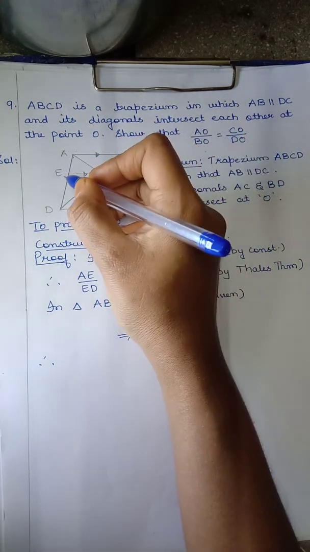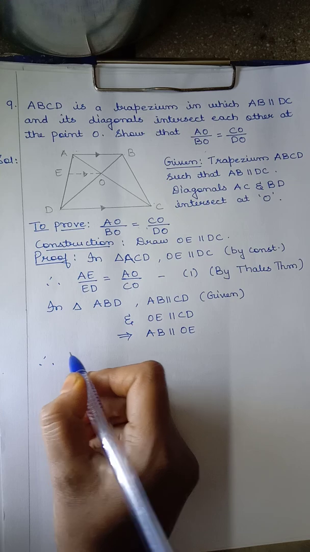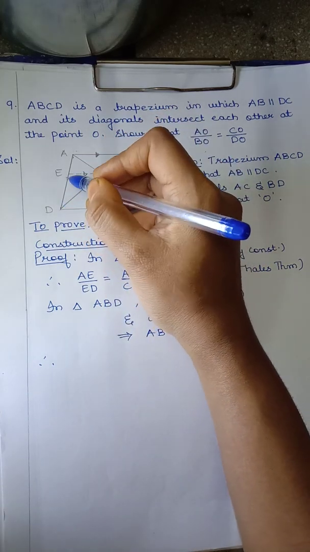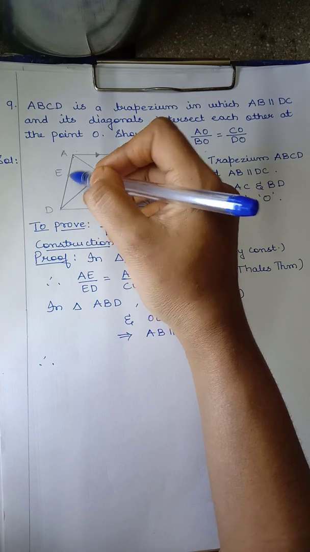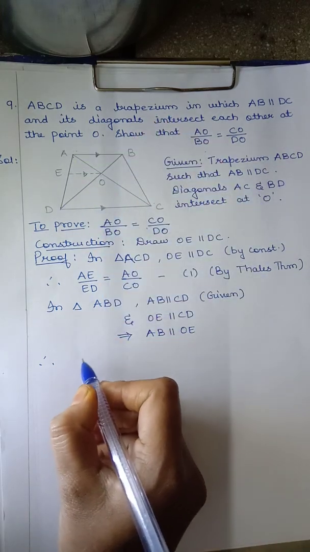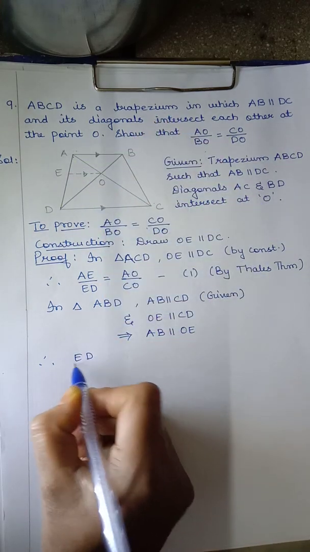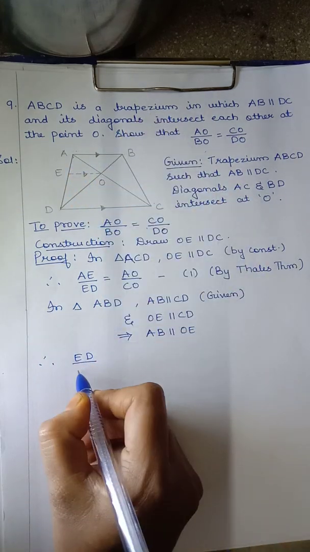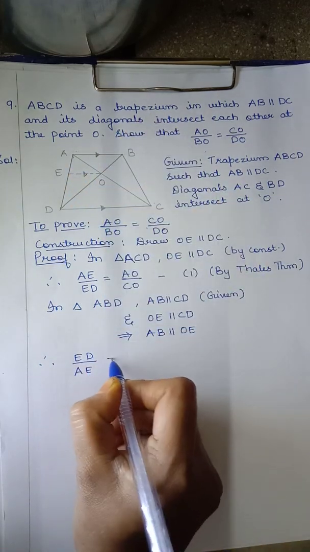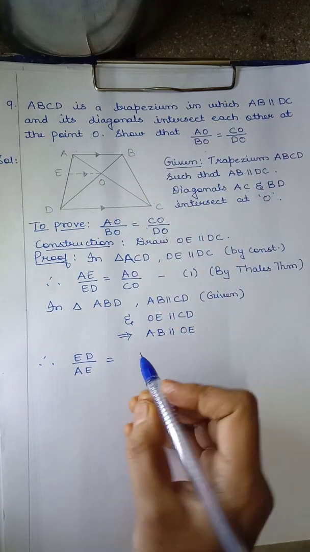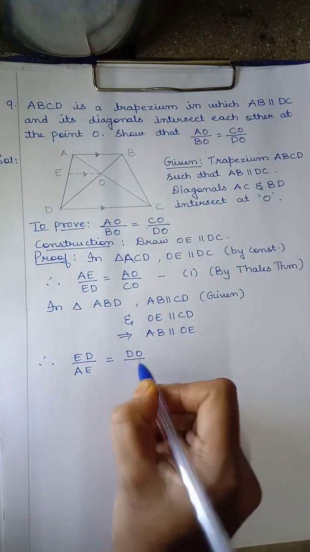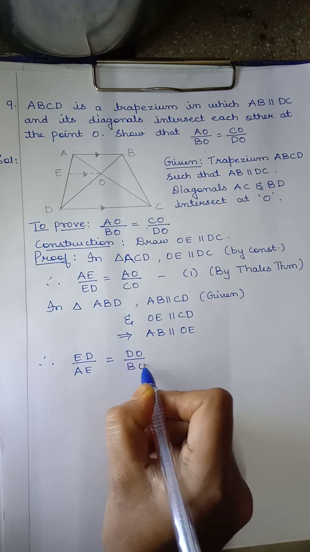ED upon AE, wait, it is DE upon AE or ED upon AE, is equal to DO upon OB, yes, DO upon OB or BO.